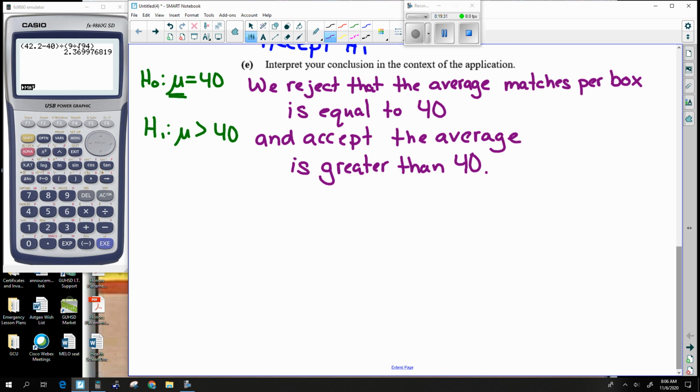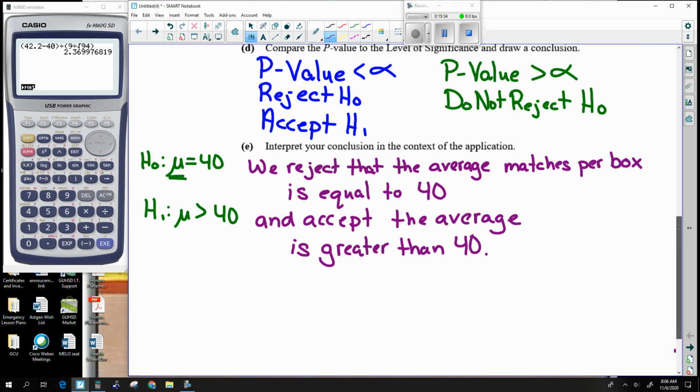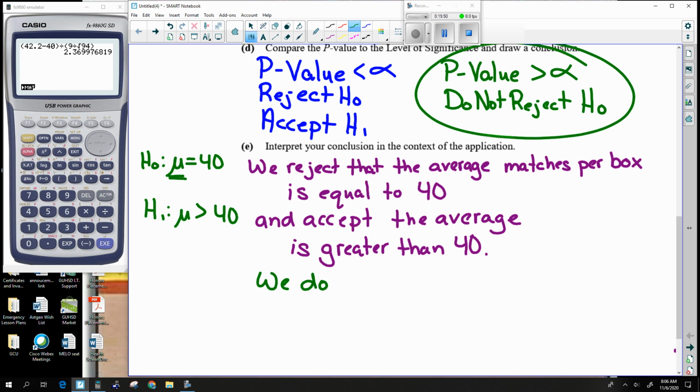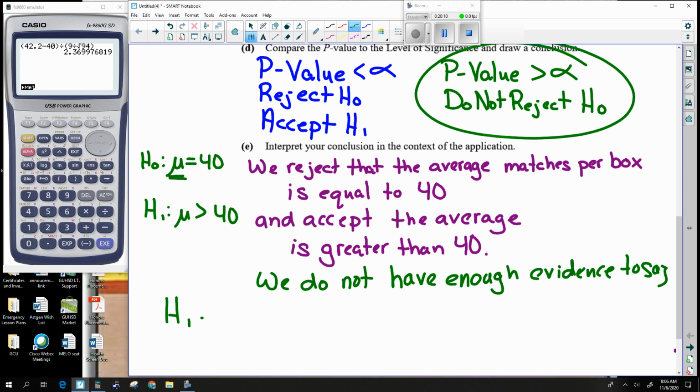Okay, last but not least, and I would be a bad teacher if I didn't explain the alternate universe. Again, what would happen if this was my conclusion? Do not reject H naught. What do we say in that situation? So when we do not reject H naught, what we say is we do not have enough evidence to say, and then what we say is, in essence, H1.